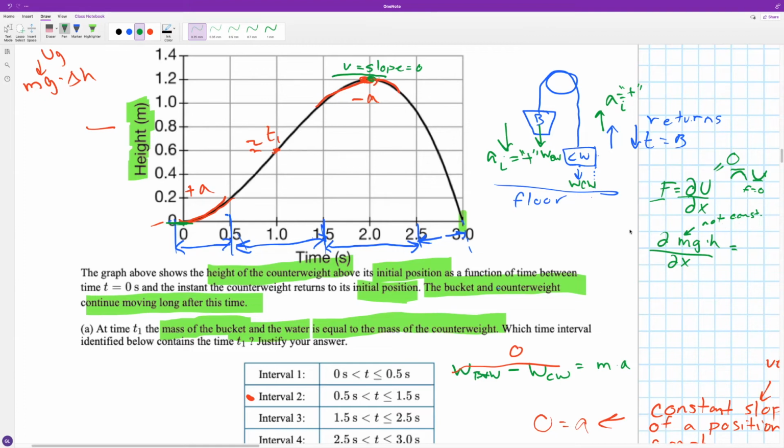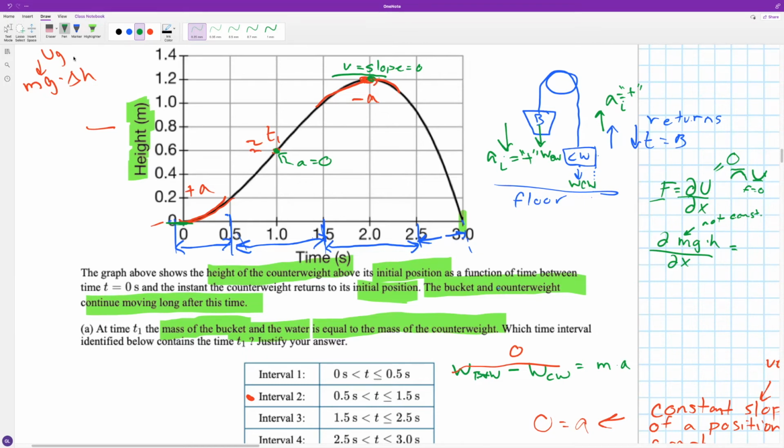Because when is the force equal to 0? The force is going to be 0 where the acceleration is 0. And if the acceleration is 0 at this point, then the net force on the system is 0. And if the force is 0, we have reached a maximum or minimum of our potential energy function.